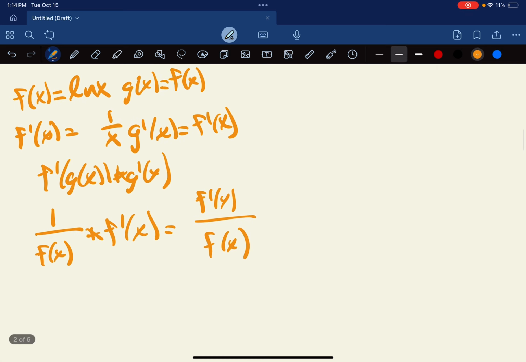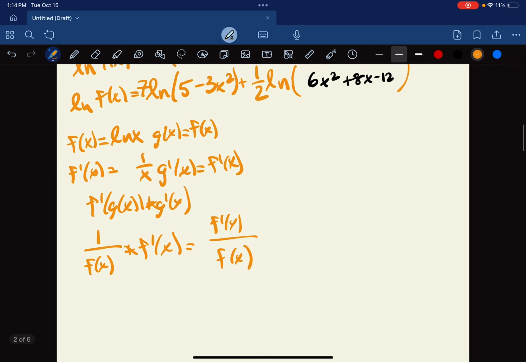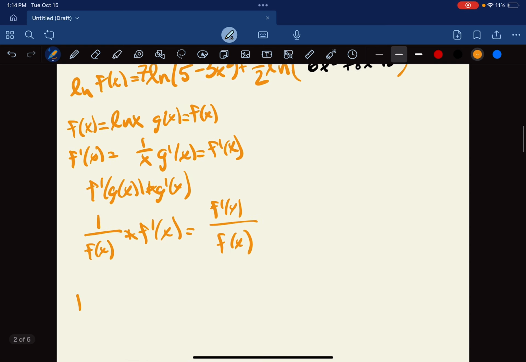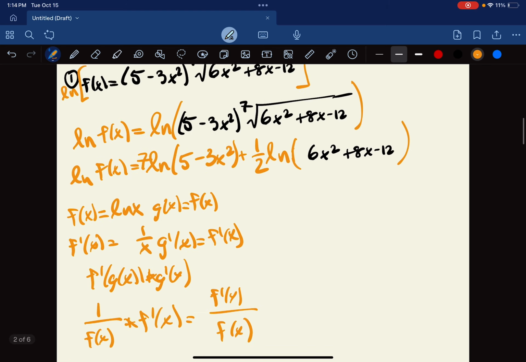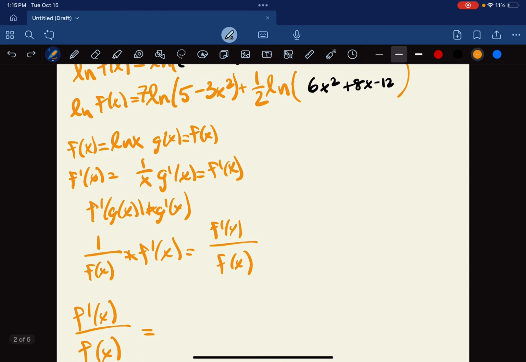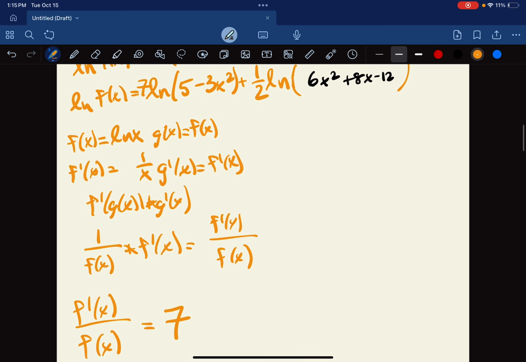And you'll be doing a lot of derivatives of logarithms in this unit. So one habit you can get into is, if you're taking the derivative of a logarithm, say we're taking the derivative of 7 ln of 5 minus 3x squared, we would keep the 7 out in front.